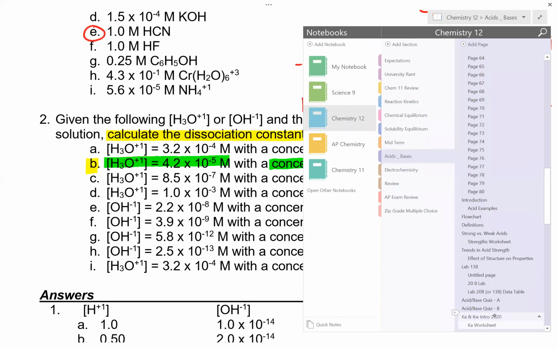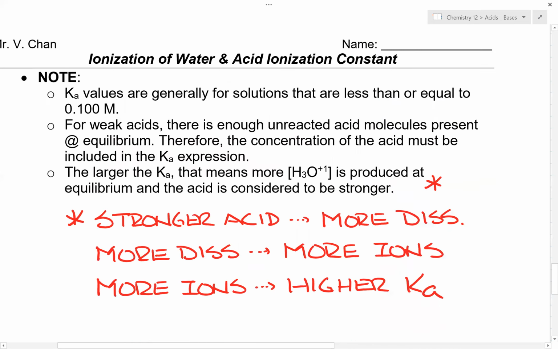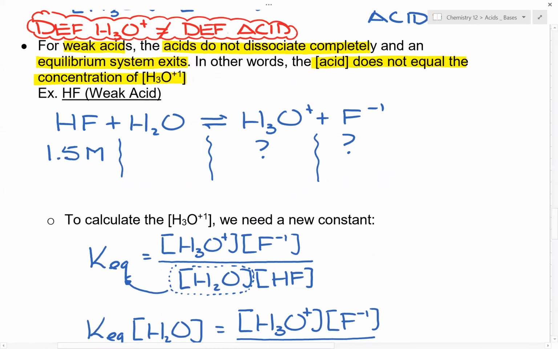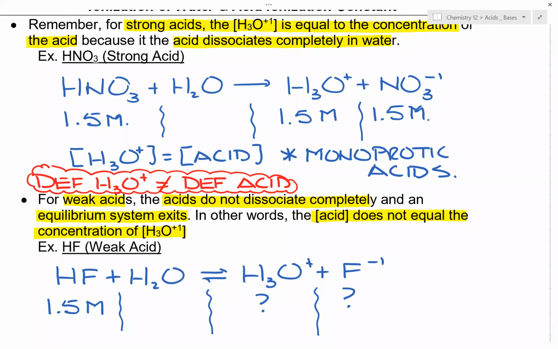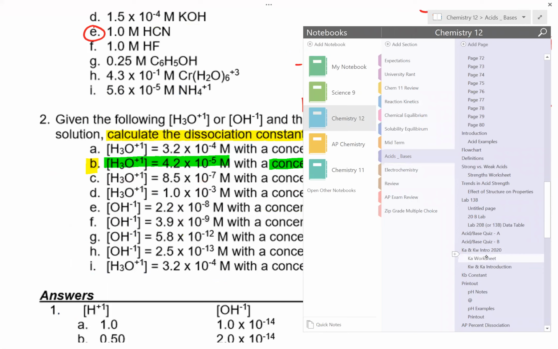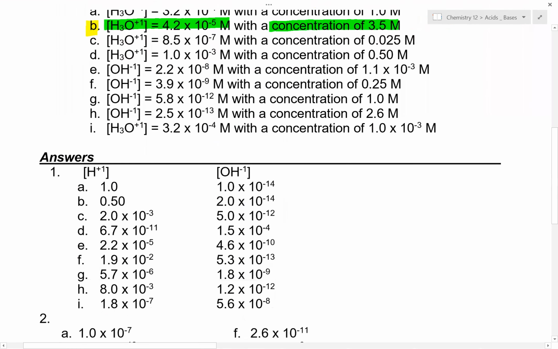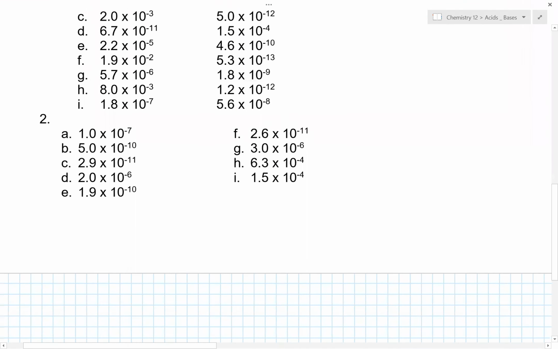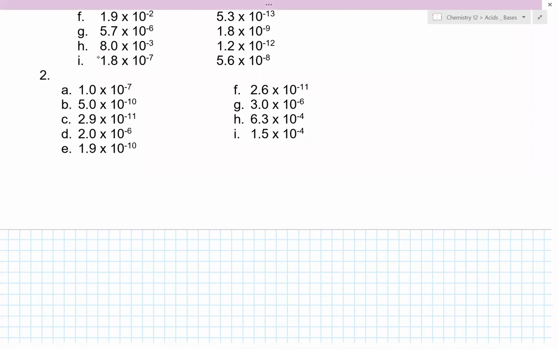Because if it was a strong acid, remember, the H3O plus must equal the concentration of the acid. Okay? In this example, because the H3O plus is less, it's a weak acid. So, how do we approach this? So for question number 2b, we set it up.